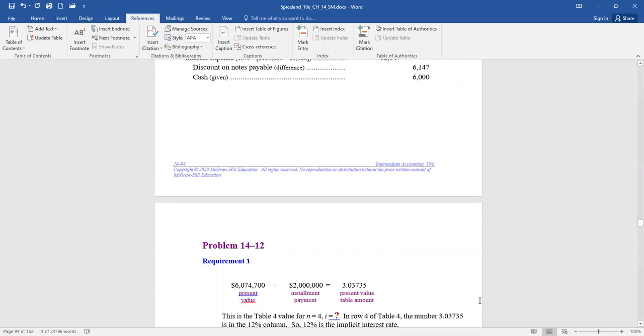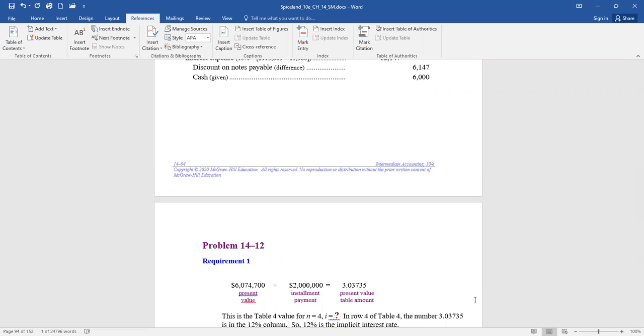If we take the installment payment of $2 million divided by the present value, that's not our interest rate, but that's giving us a present value table amount. We know there's 4 payments every year, $2 million a year. So what's the I?